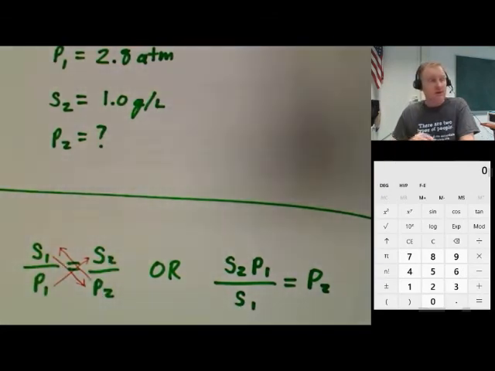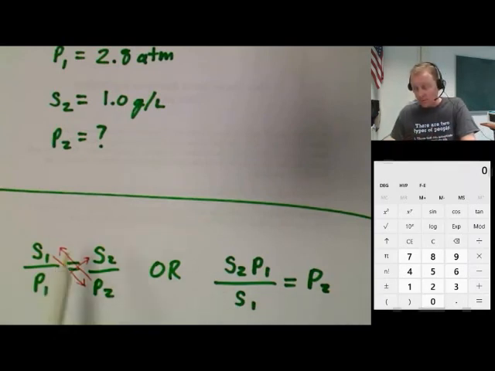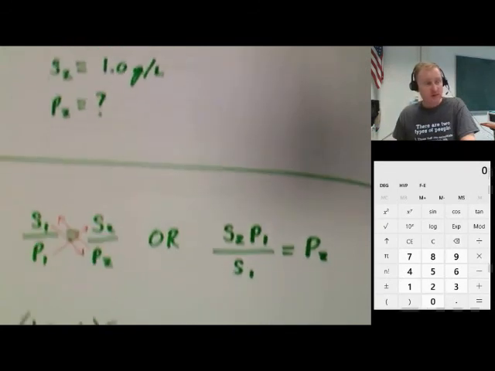You've got to be comfortable with rearranging equations. A lot of people will get this one wrong because, like I said, they'll have 1 over P2. So P2 equals solubility 2 times pressure 1 divided by solubility 1.